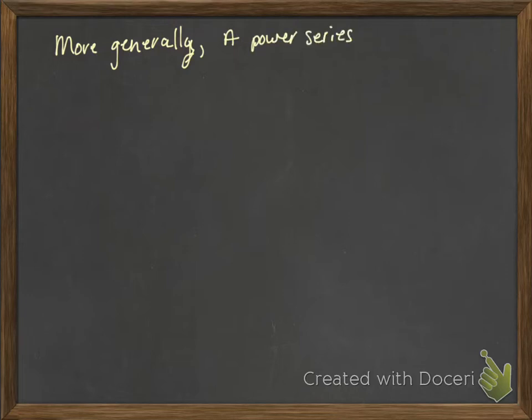More generally, a power series centered at a, or at x equals a, is of the form the sum from 0 to infinity of c sub n, that's just the coefficient, times x minus a to the n.